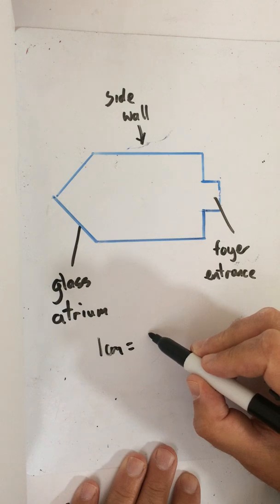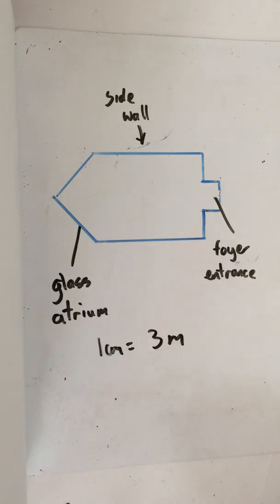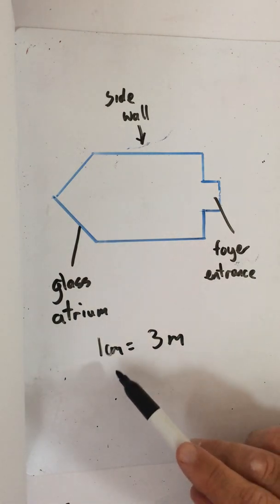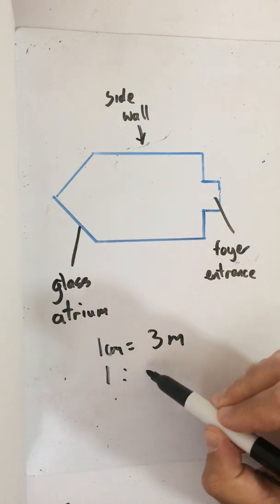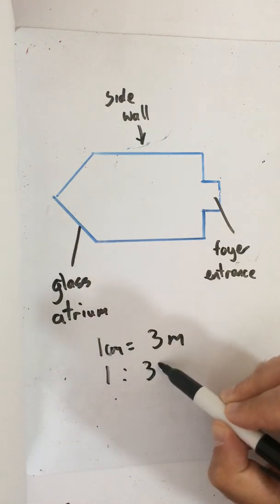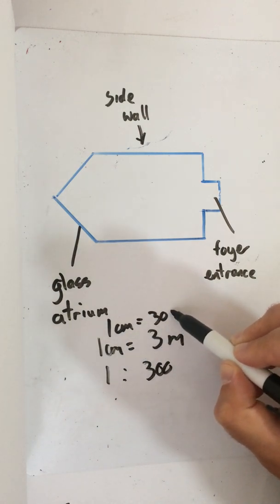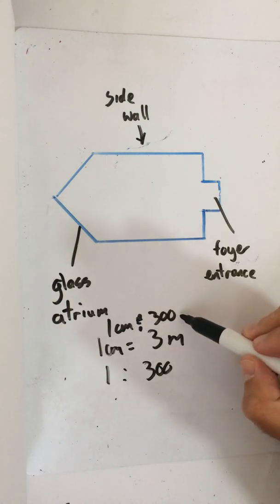That's the scale. When we're working out scales, they are similar to ratios. This is not a ratio. A ratio would be 1 to 300, because for 1 centimeter there would be 300 centimeters, isn't it?